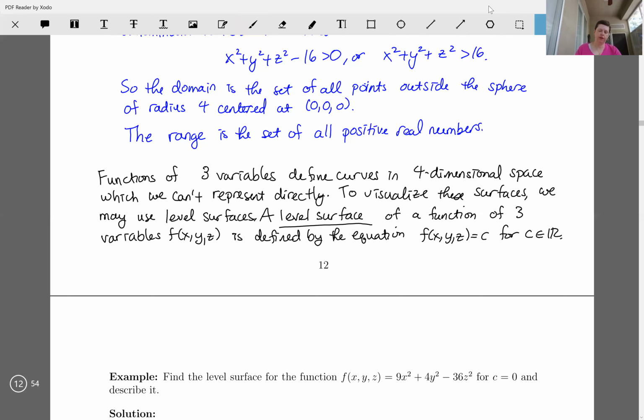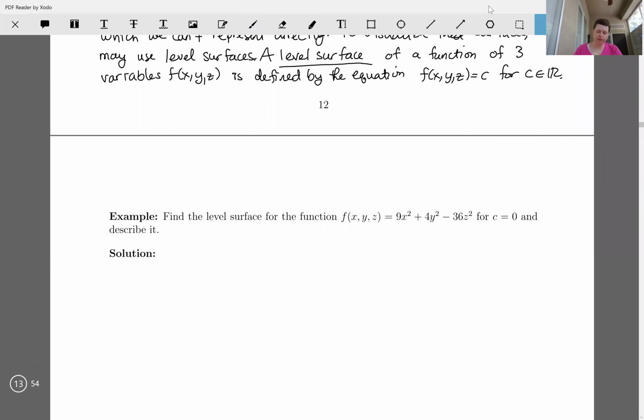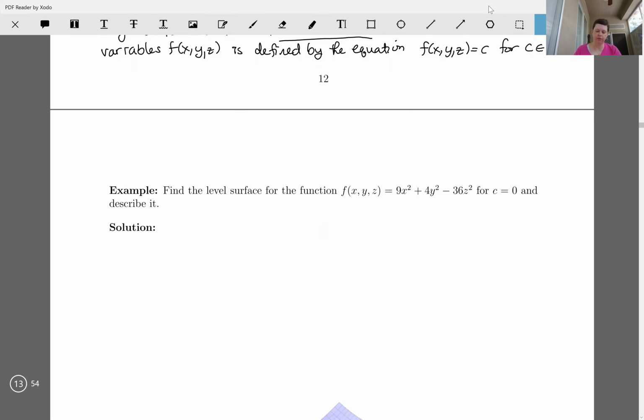So for example, if I want to define the level surface for the function f of x, y, z equals 9x squared plus 4y squared minus 36z squared, for c equal to 0, what do I do?